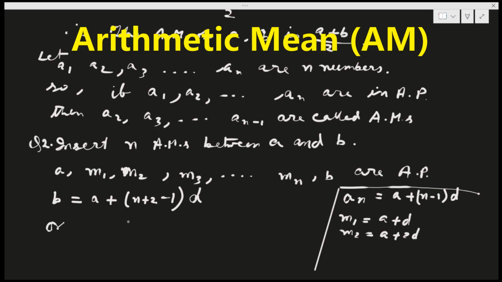So solving this, transpose A to the left: B minus A equals (n plus 2 minus 1) D, that is equal to (n plus 1) D. Now solving this for D, that is equal to B minus A by n plus 1.